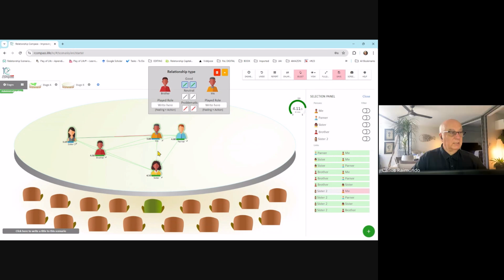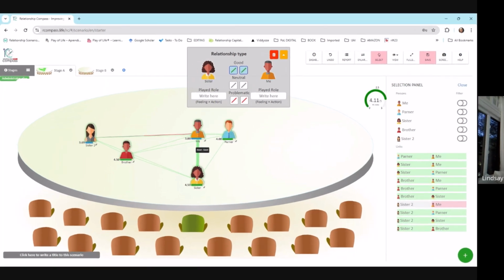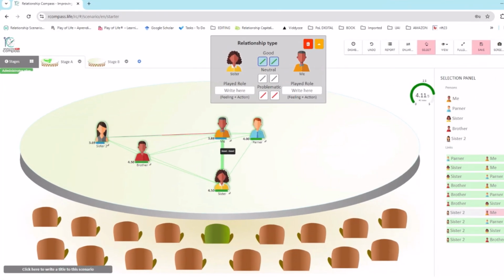How is the relation between your sister and you? If in doubt, increase it. Neutral. Neutral. Me towards her, and she towards you. Good. Good. Okay. Very good.